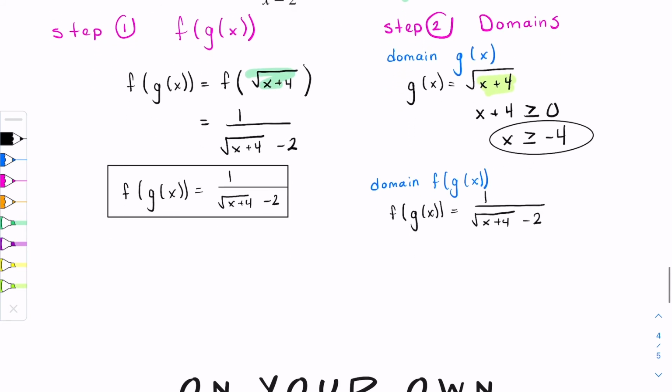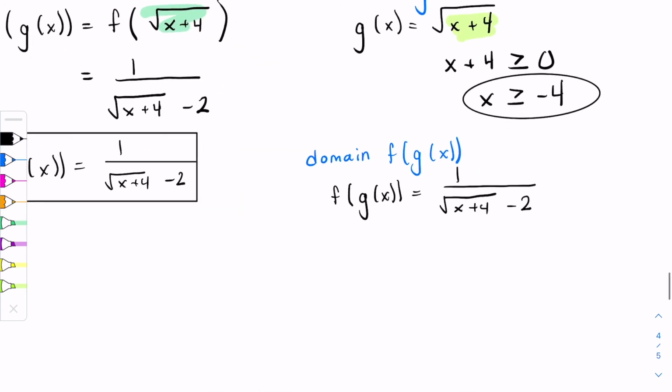We have two things going on here. We know that the denominator cannot equal 0, and also that x plus 4 cannot be a negative. But we don't really have to worry too much about that because we already did x plus 4 cannot be a negative in step 1. So all I'm going to take care of here is that the denominator cannot equal 0.